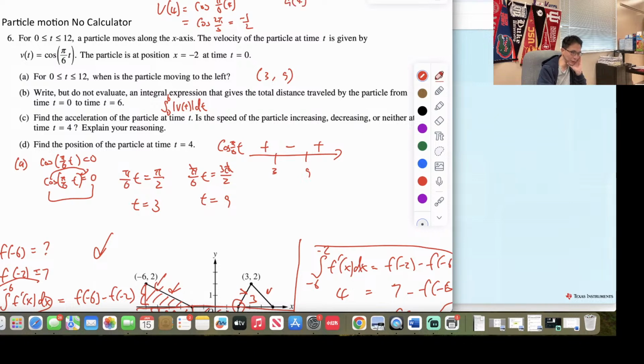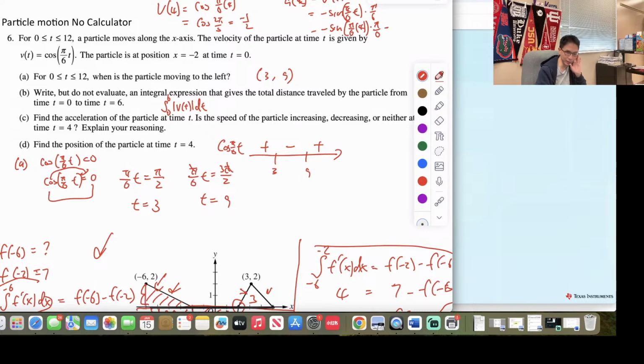We should take a derivative. Chain rule, don't forget. a of t is equal to v prime of t, which is negative sine of pi over 6 t times pi over 6. So it'll be negative sine of pi over 6 times 4, times pi over 6.